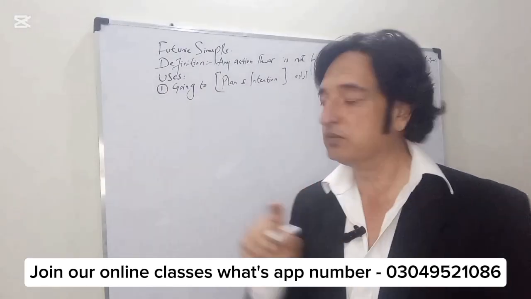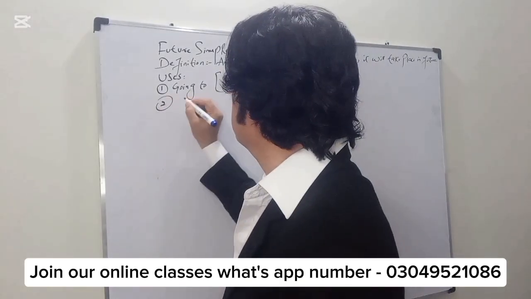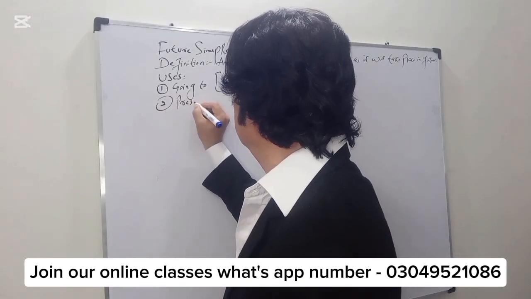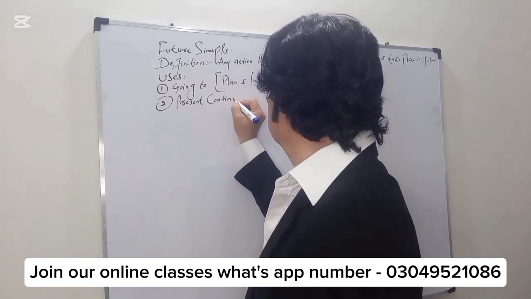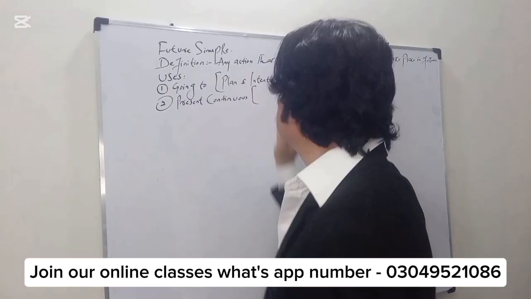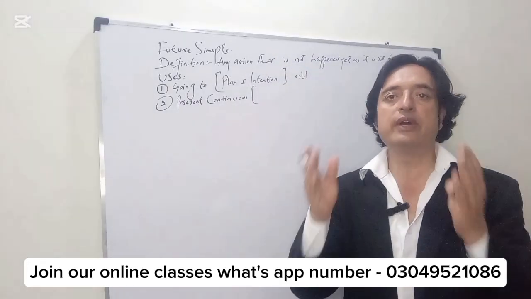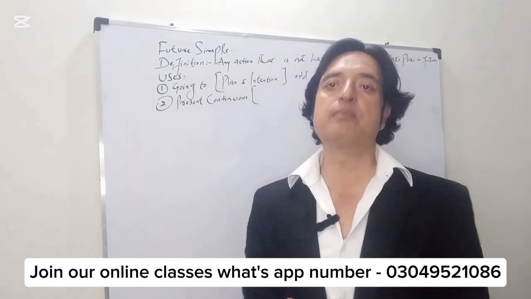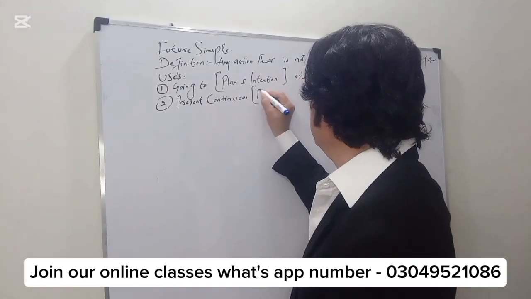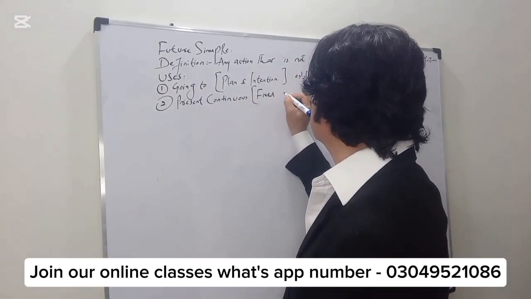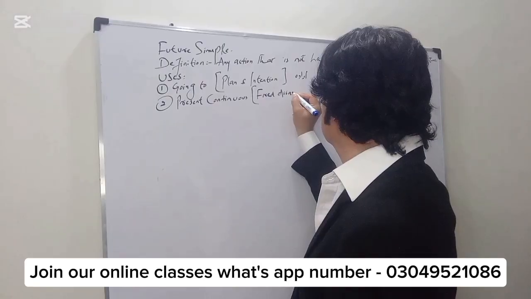You use going to. The second use is present continuous. And present continuous we use when we are very much certain, we are very much sure, and we will be doing something. So we write it here, fixed arrangements.